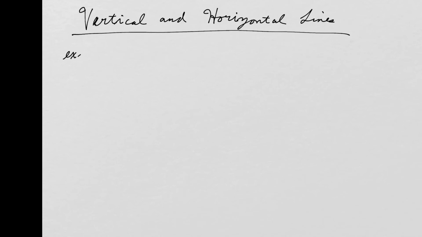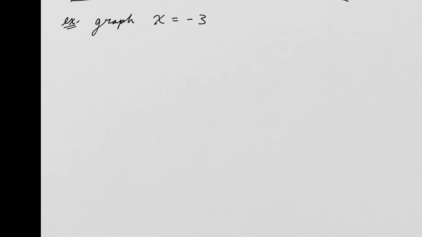For example, let's say I want to graph this line, x equals negative 3. I'll do a Cartesian coordinate system here. I'm just going to draw it out instead of cutting and pasting a nice one in here.